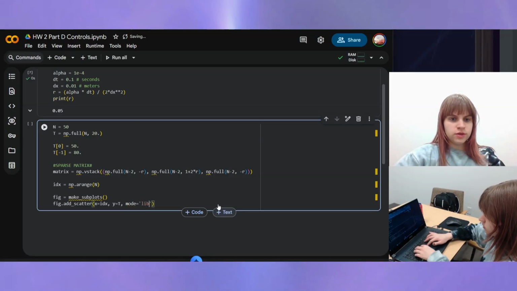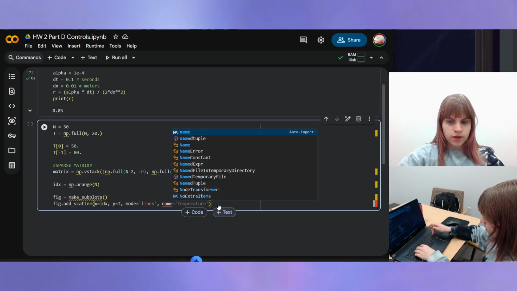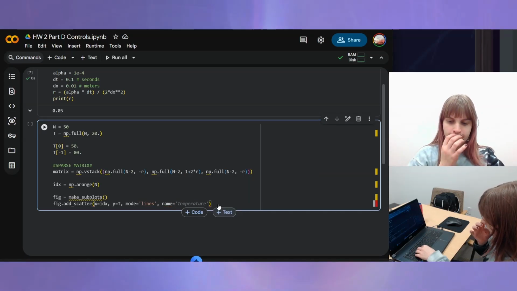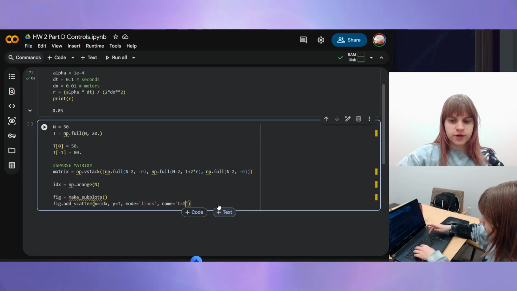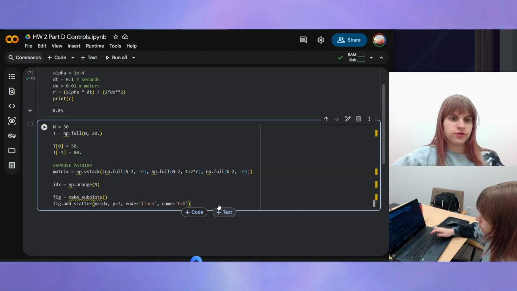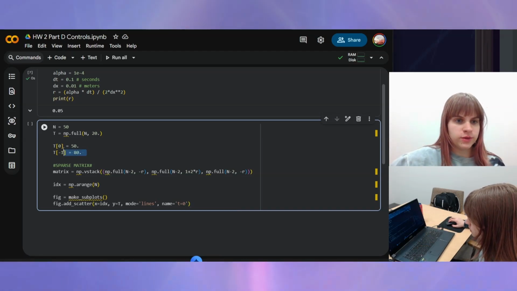We can do lines as our mode. And again, I should have specified this is for time equal to 0. So this will be before anything has changed, 50, 80 on the ends, and then 20 in between.